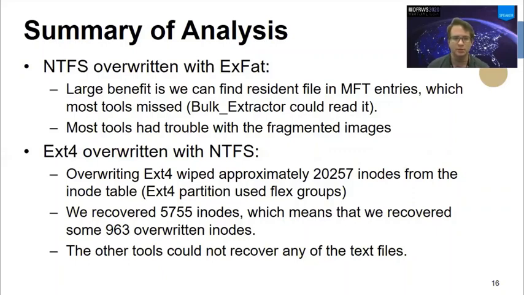Furthermore, most of the tools had a lot of trouble with fragmented files. Our generic metadata timestamp carving worked fairly well with it, so long as the metadata entry was not shown as being deleted. So we had some sort of data run or extent or direct block pointer to the data to extract the file.